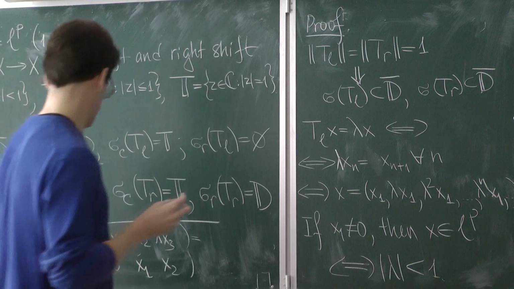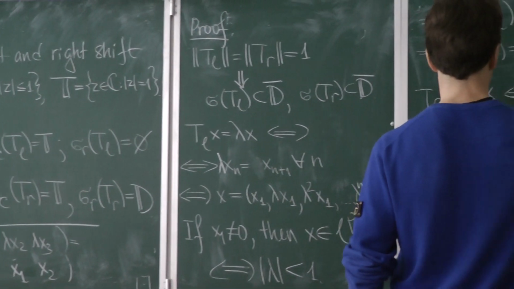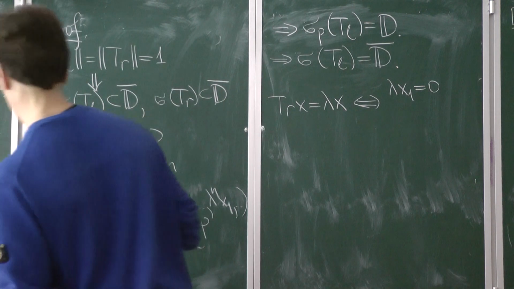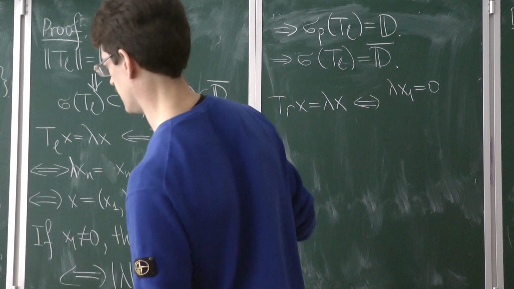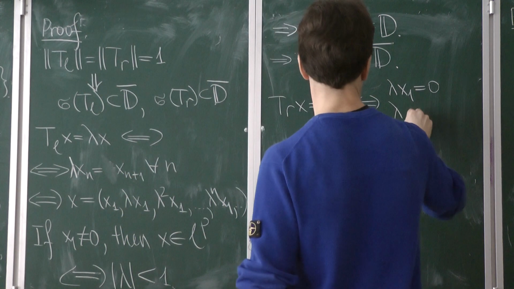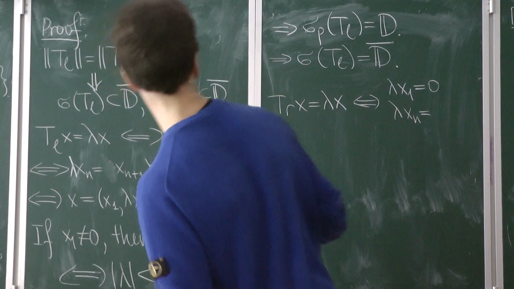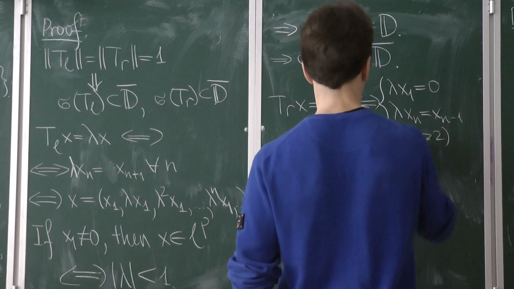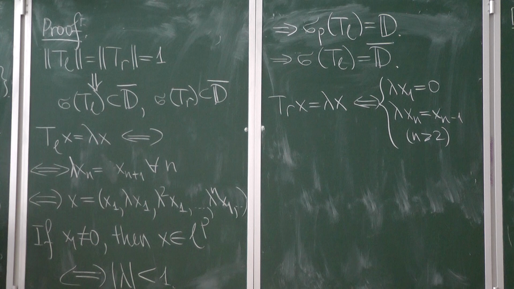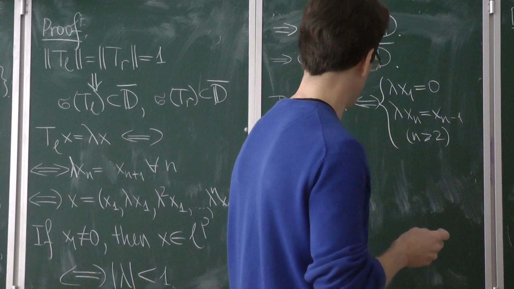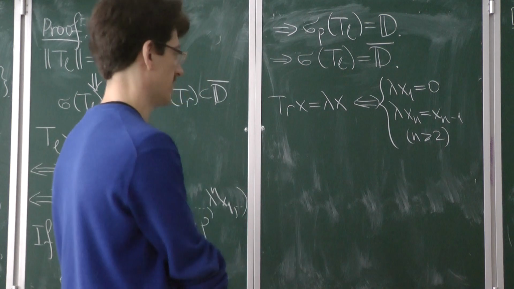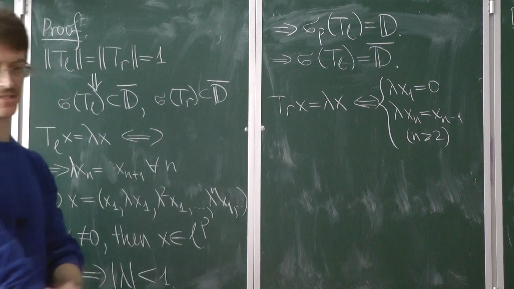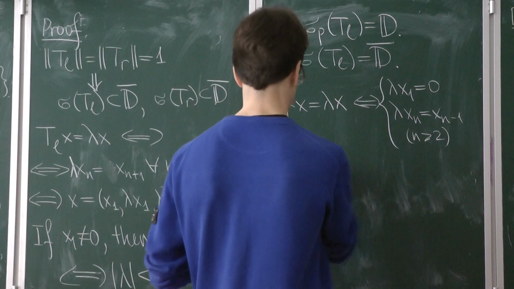This means exactly that lambda x1 is 0, and lambda x_n equals x_{n-1} if n is greater than or equal to 2. I claim that this can happen only if x is 0. So if x is non-zero, then there is no such lambda.